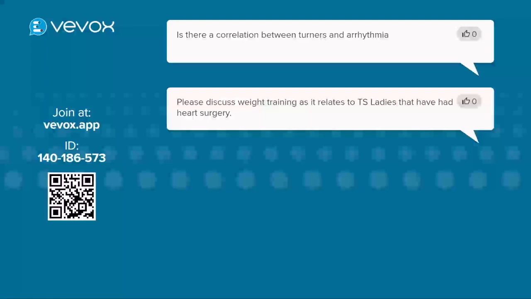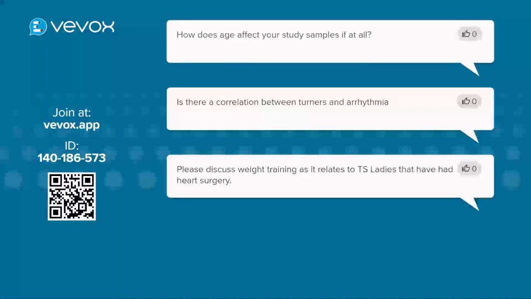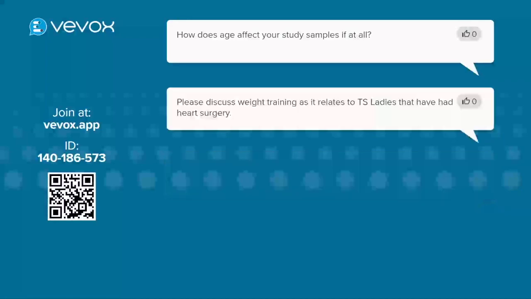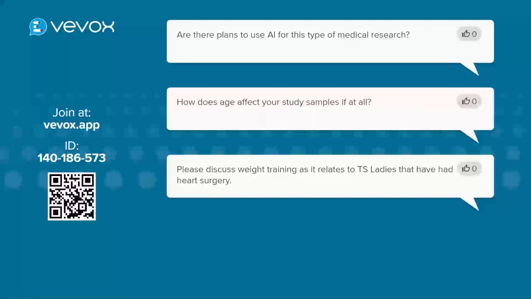Is there a correlation between Turner syndrome and arrhythmia? As several people have mentioned, having a fast heart rate is super common in Turner syndrome, and it's not necessarily the same risk as having an arrhythmia. There are certain situations where an arrhythmia like atrial fibrillation, which is the most common one, can happen in Turner syndrome.